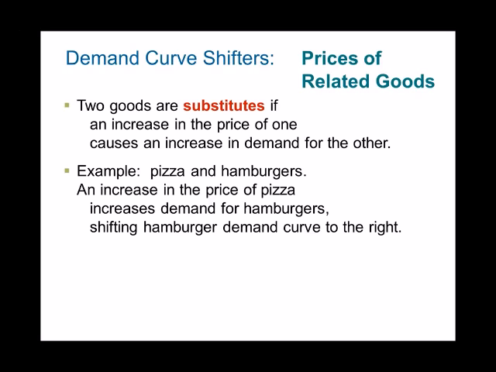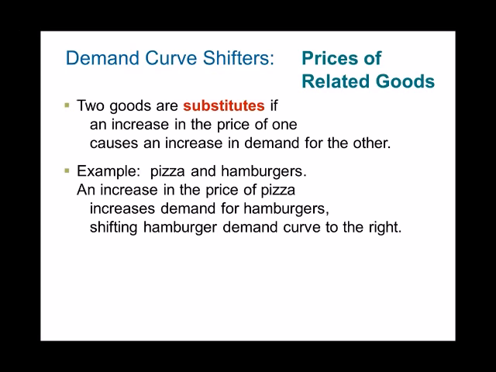If you are somebody who is indifferent to both of them, you will choose to eat one or the other if the price of one is cheaper than the other, or if you're just feeling like one over the other. So let's say the price of pizza goes up. If you're hungry and you just want to reduce your hunger, you will probably want to eat more hamburgers because it's cheaper.